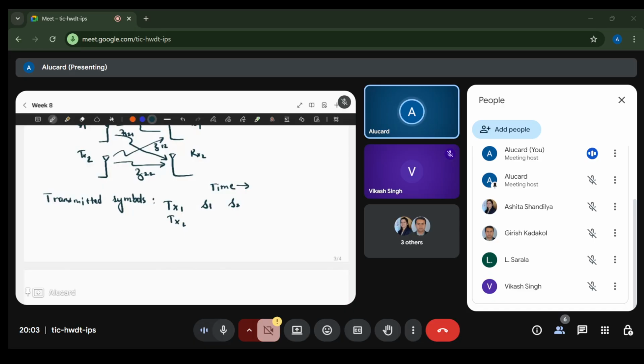That's what antenna 1 transmits, and antenna 2 transmits minus S2 conjugate and S1 conjugate.